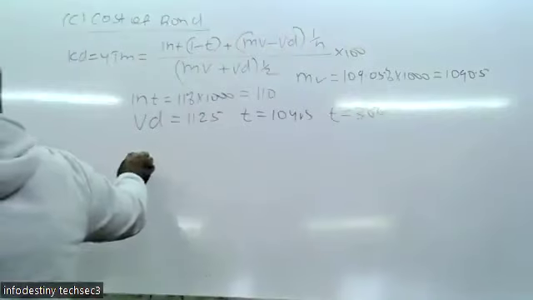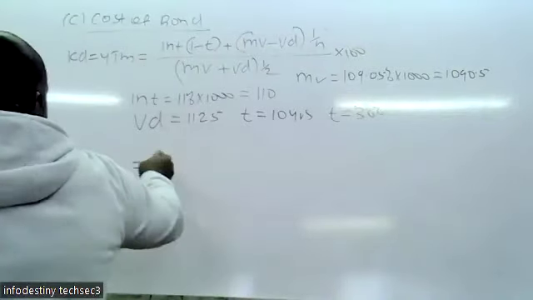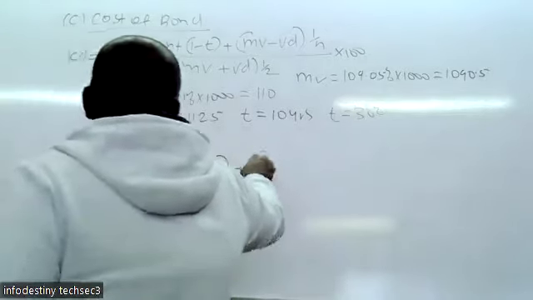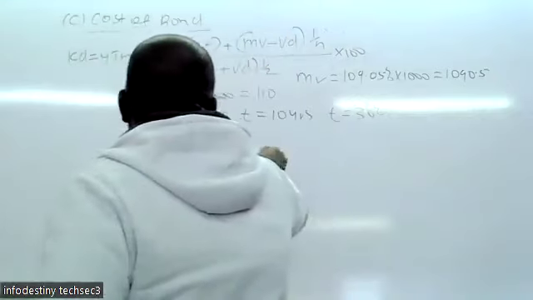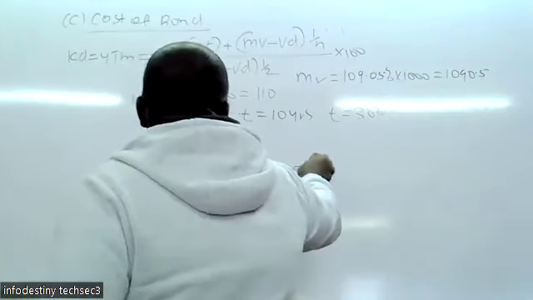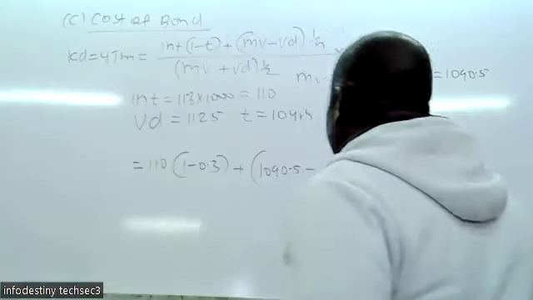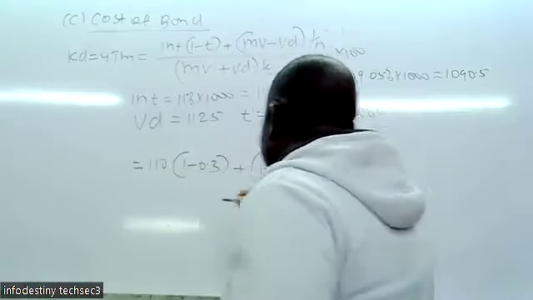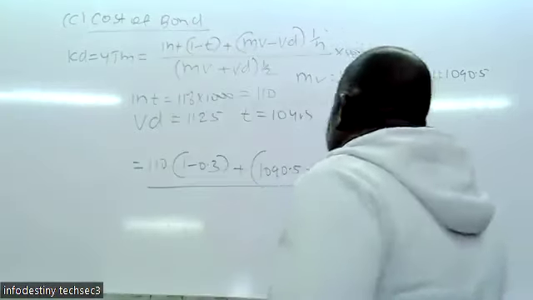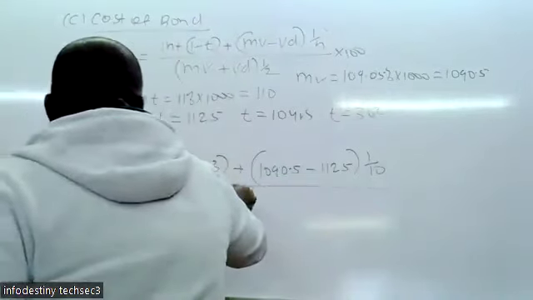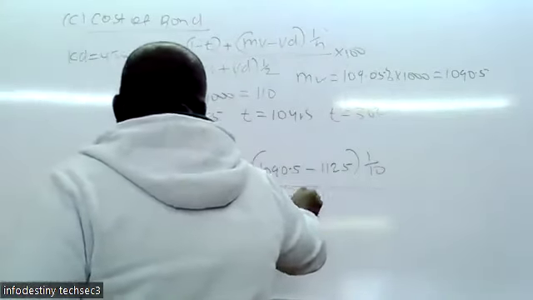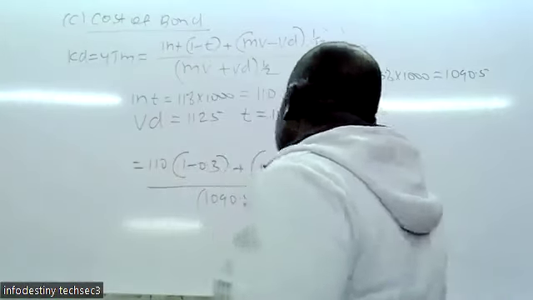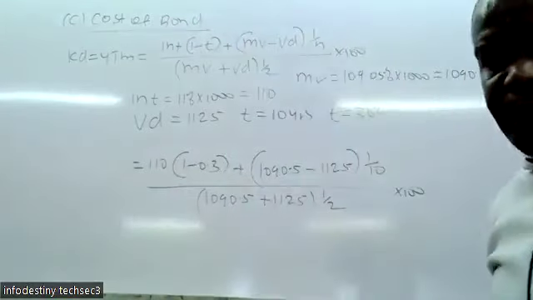You take the interest, which is 110, add 90.5, and subtract 11.25, then express it as a percentage.